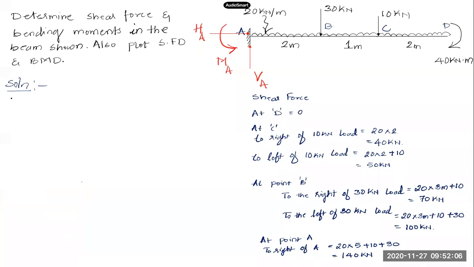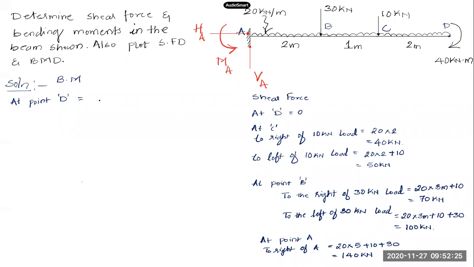So, bending moment values at point D. Since there is a couple directly applied at this point D, the bending moment value is equal to that couple.